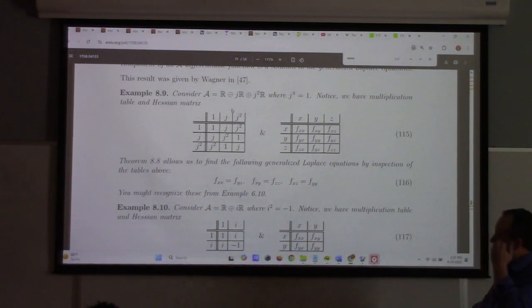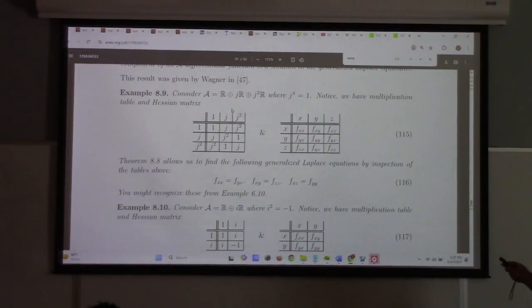But, okay, so here's those 3 hyperbolic numbers I was talking about before. And if you had a function which is differentiable with respect to the 3 hyperbolic numbers, it's automatically the case that the xx derivative is equal to the yz derivative, the xy derivative is equal to zz, the xz derivative is equal to the yy.